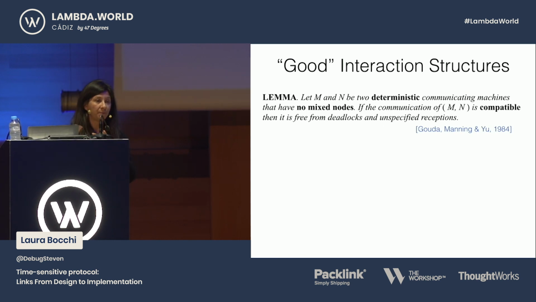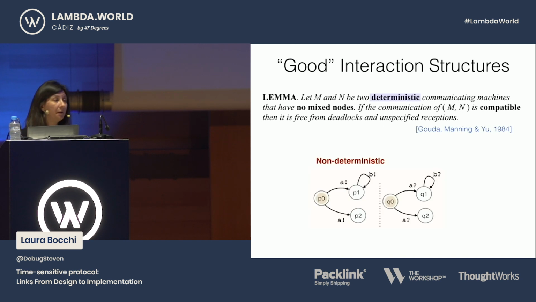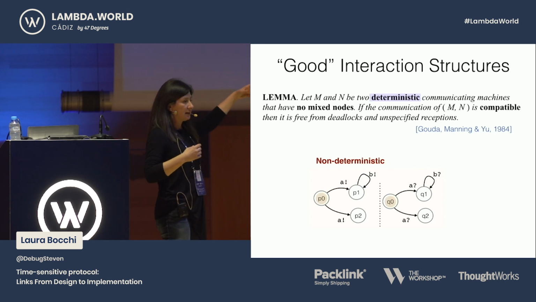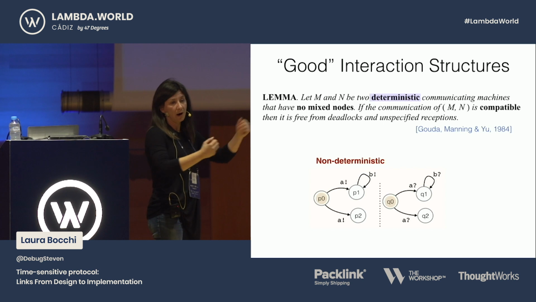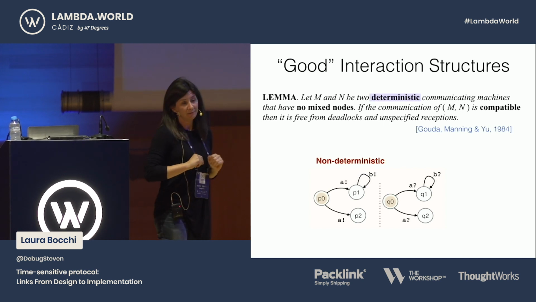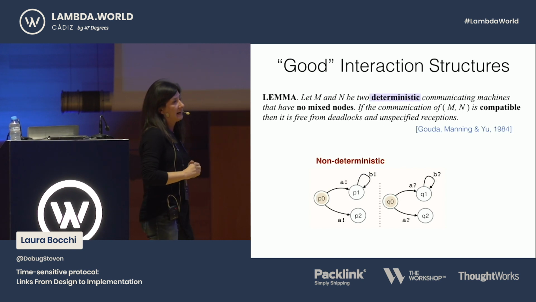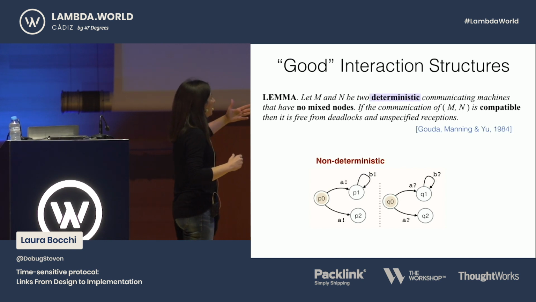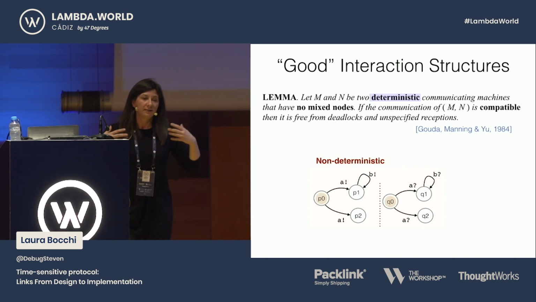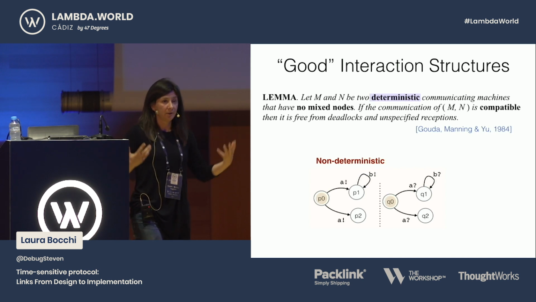Let's have a look at these three properties so that we see what could go wrong with asynchronous communication. The first property, determinism. The two machines should be deterministic. A non-deterministic machine is a machine in which you have two edges that go out of a node that have the same action, but they go to two different states. Such a scenario can create confusion as to the state of the protocol in a distributed system.